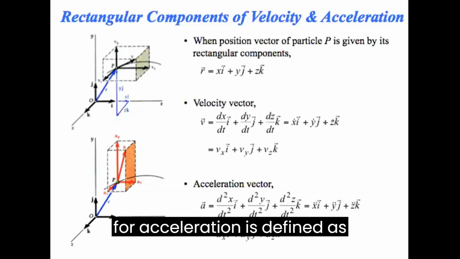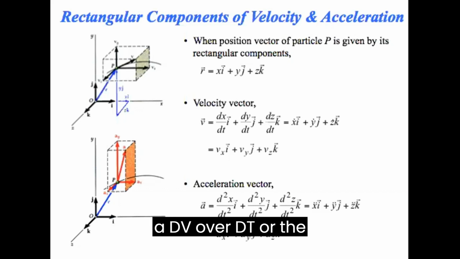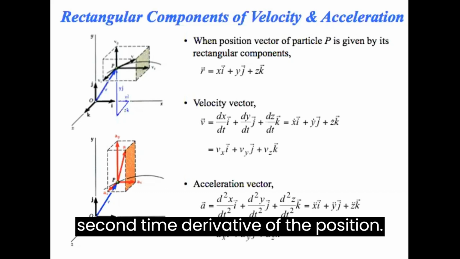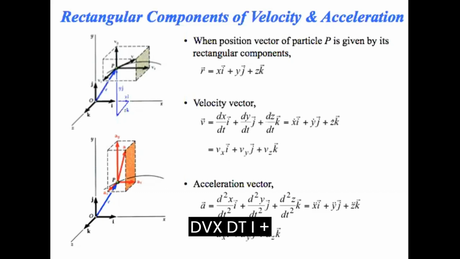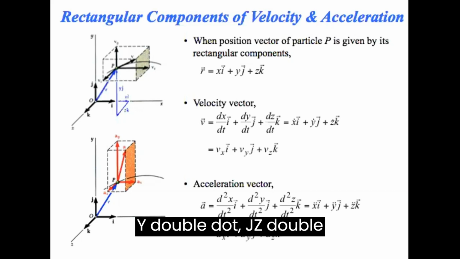Similarly, acceleration is defined as dv over dt, or the second time derivative of the position. Acceleration is equal to dvx/dt i plus dvy/dt j plus dvz/dt k, or x double dot i, y double dot j, z double dot k.